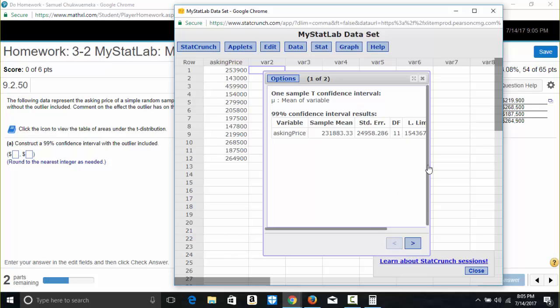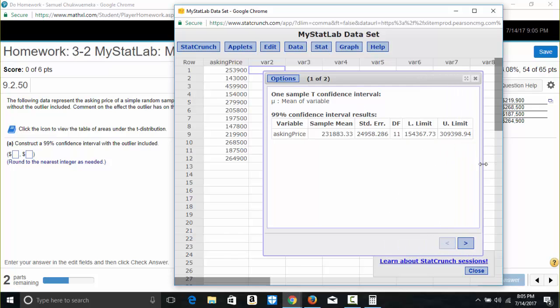Let's go ahead first and answer this. So the lower limit is, round to the nearest integer as needed. Lower limit is 154,368, if you round to the nearest integer.